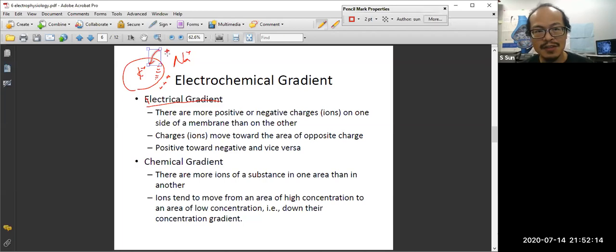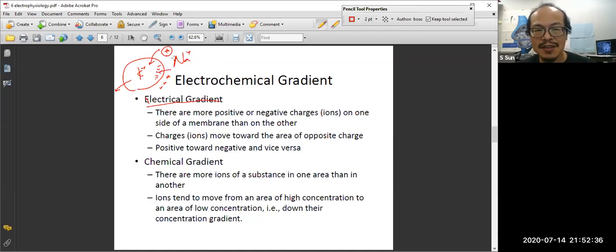If it's positive charge, it will tend to go in because inside is more negative. If it's potassium, potassium will try to go out, even though potassium is positive, because inside has too much potassium. Sodium will try to go in.